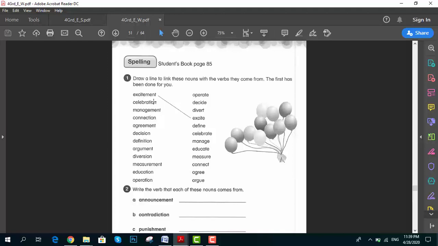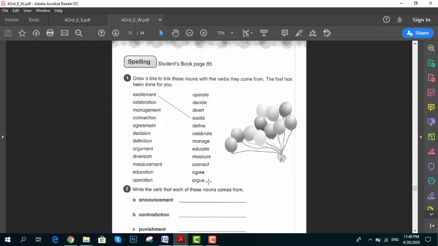So excitement comes from the verb excite. Celebration comes from the verb celebrate. Management comes from the verb manage. Connection comes from the verb connect. Agreement comes from the verb agree. Decision comes from the verb decide. Definition comes from the verb define.